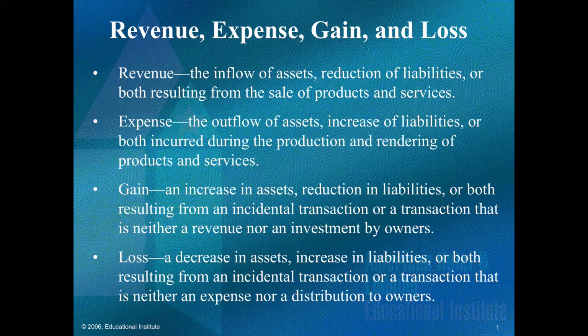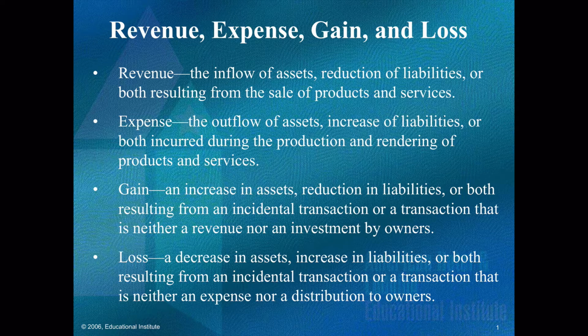The difference between a revenue and a gain and an expense and a loss is that revenues and expenses are from our primary focus of business, and gains and losses are when we sell assets that are not part of our primary core business. An example would be if we're a pizzeria and we sell a delivery van and we make money on it.